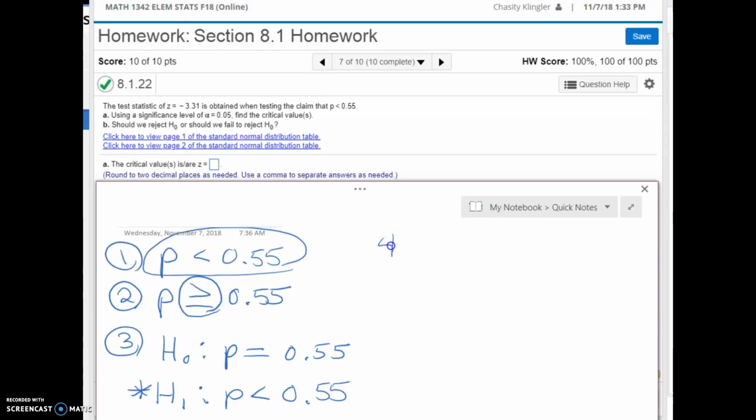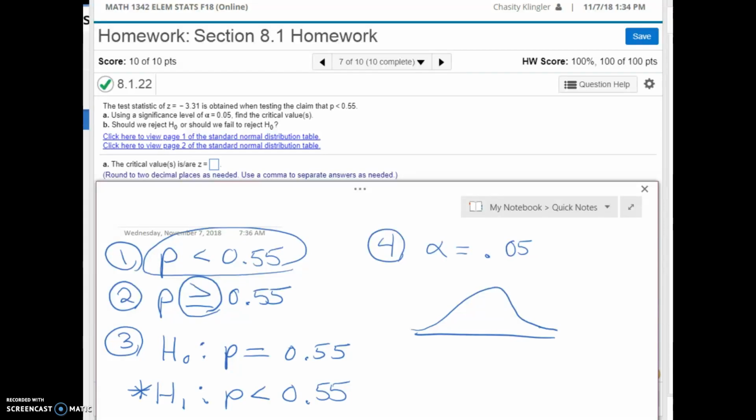Step 4 says write the level of significance. So this is telling us our level of significance is 0.05, and draw the appropriate curve. We're dealing with proportion, so we're on a normal distribution.